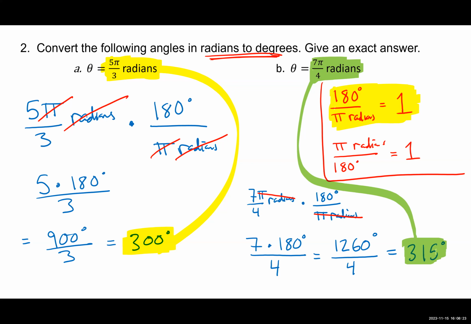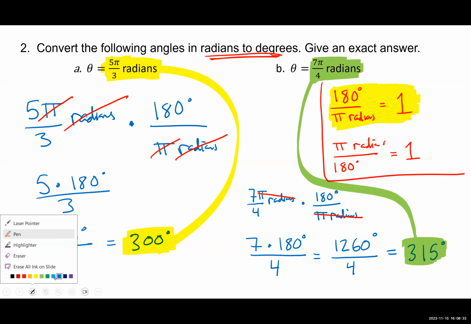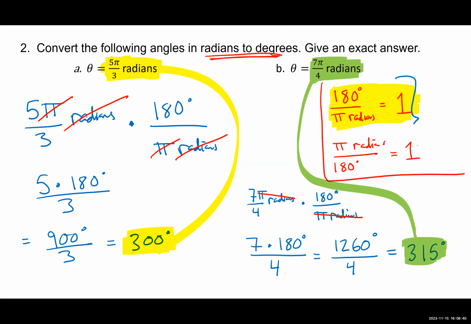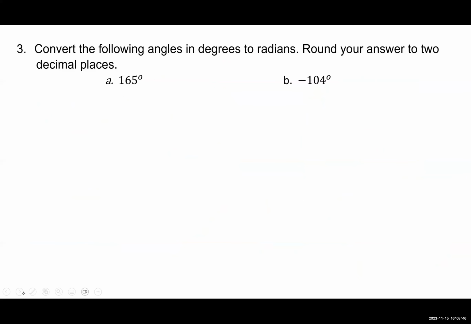Okay, so converting back and forth, converting from radians to degrees, degrees to radians, you're using these conversion factors. These two guys right here.